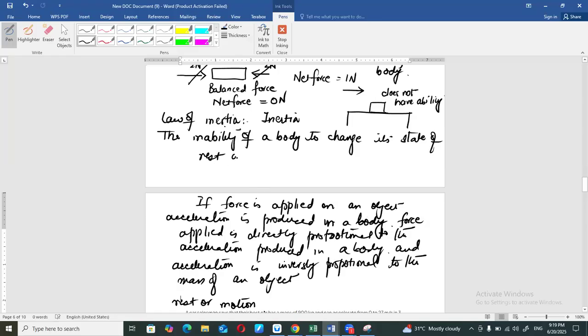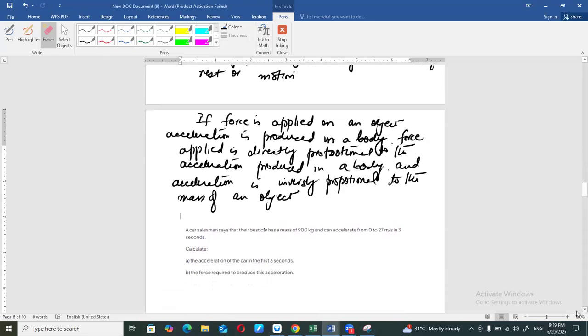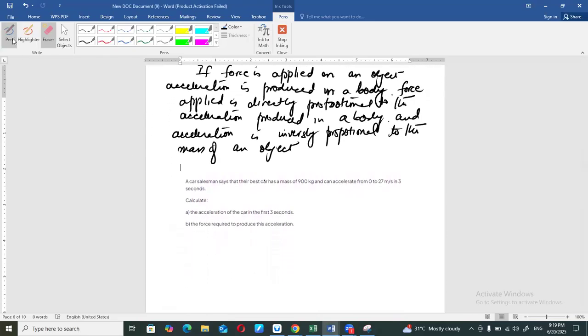Now, what exactly does that mean? It simply means that when force is applied on an object, an acceleration is produced. Let's suppose this is an object and you're applying a force.